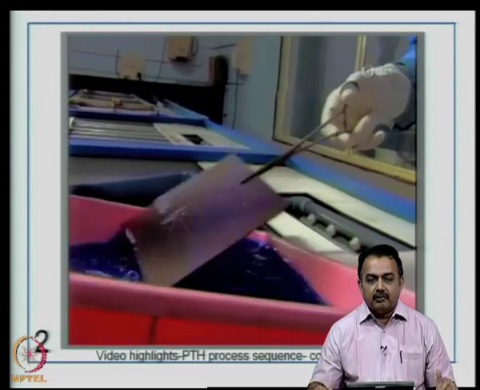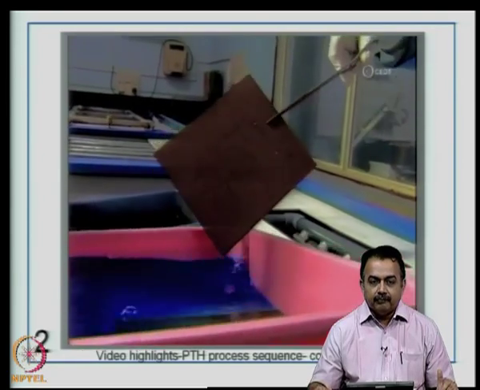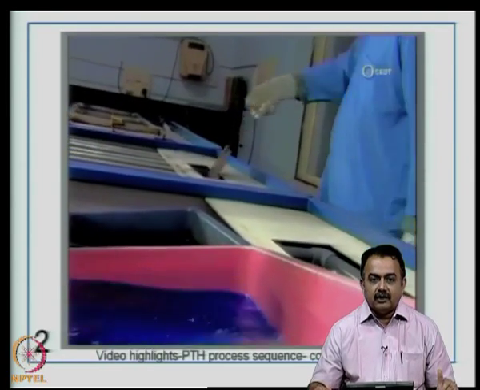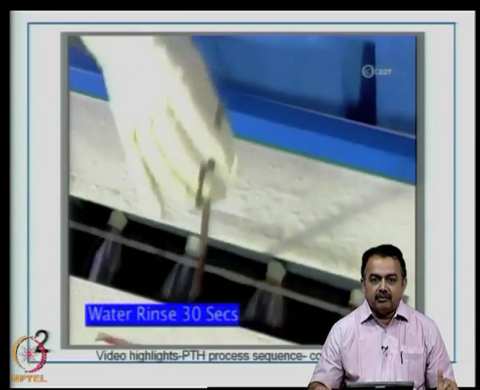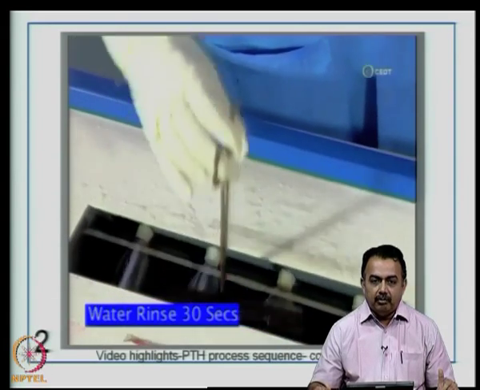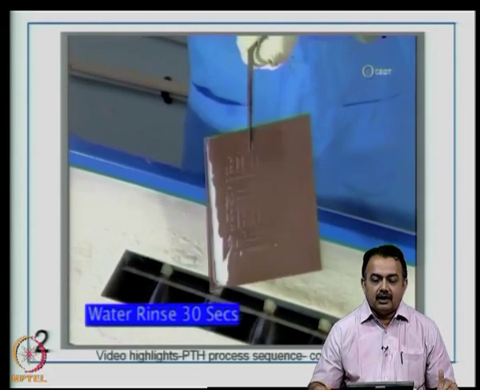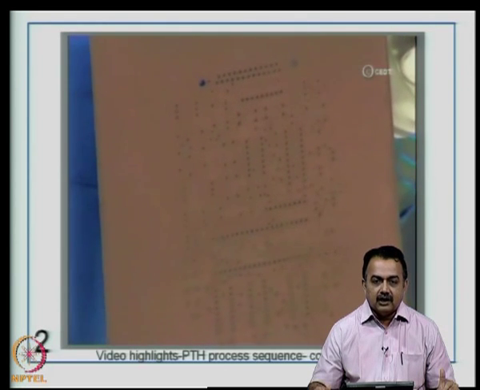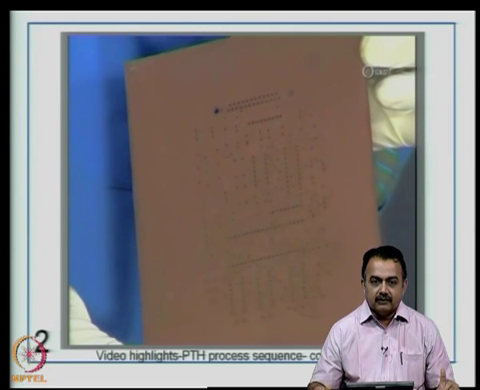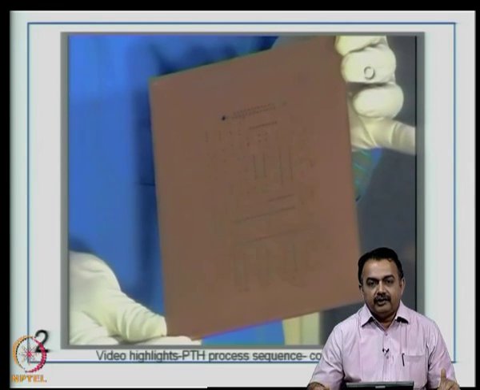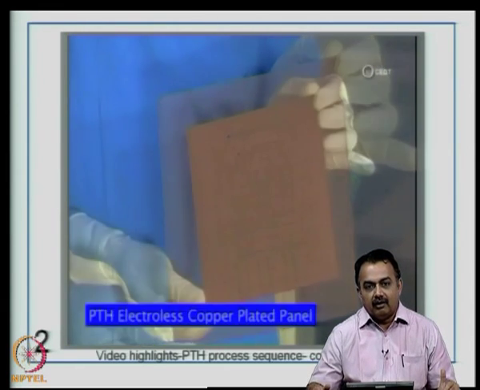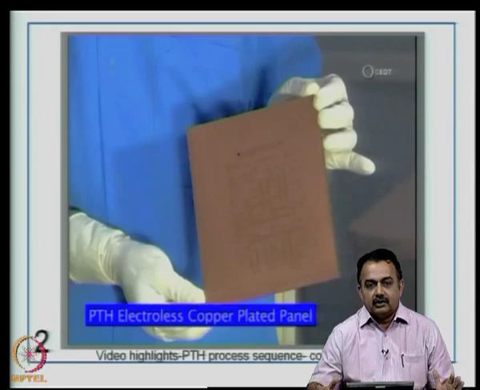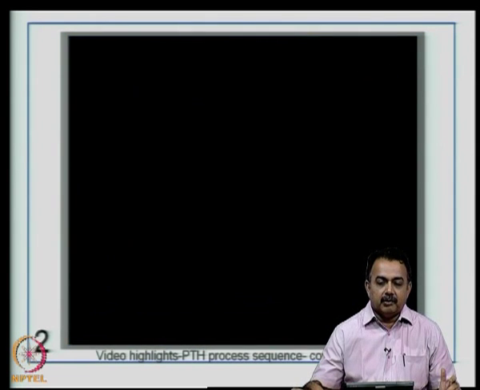So, this contains a copper sulphate solution and a reducing agent, which will reduce the copper at the site of the palladium into copper atoms. So, you can see the color has changed, copper has been deposited on the surface as well as the hole wall surface. This is the very key process for all through hole boards. So, this is now a complete electroless copper plated panel.